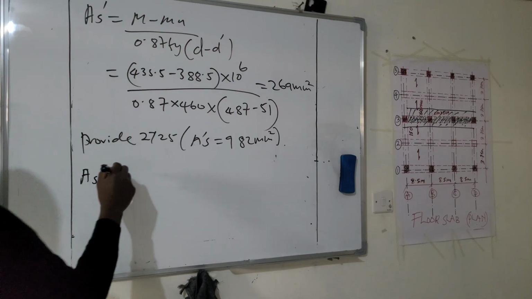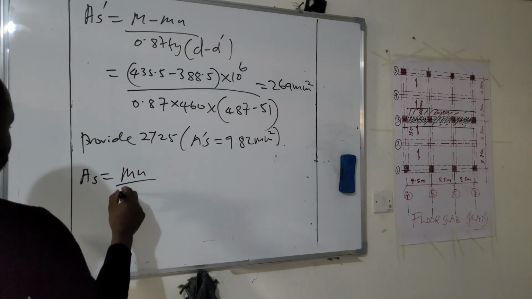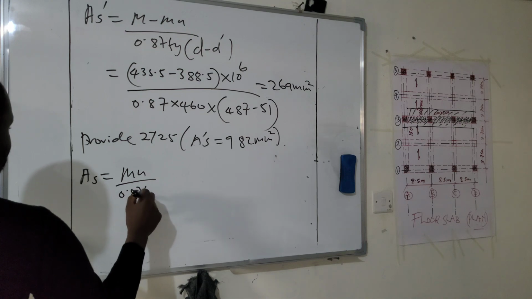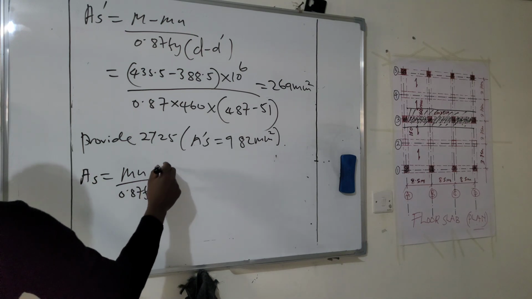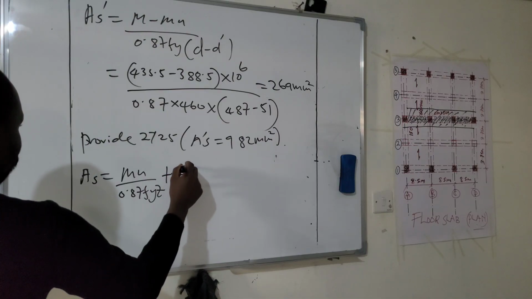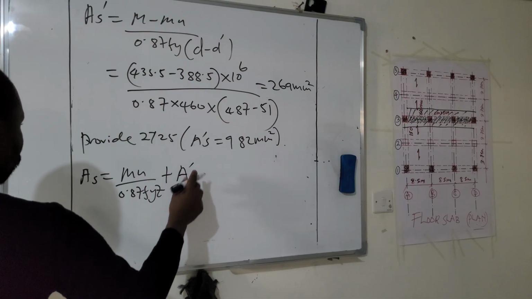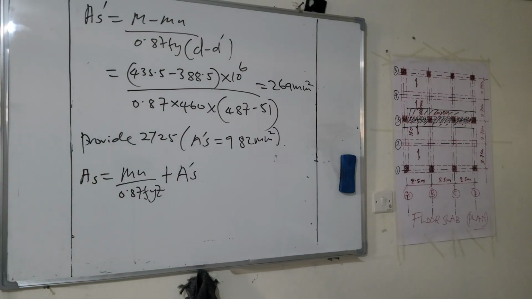And then we proceed to the area of tension steel bars. So this one is equal to Mu over 0.87 Fy Z plus the area of compression bars.